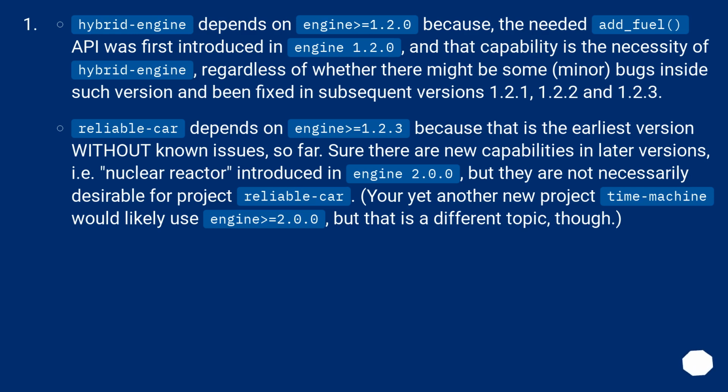Reliable car depends on engine>=1.2.3 because that is the earliest version without known issues so far. Sure, there are new capabilities in later versions, i.e. nuclear reactor introduced in engine 2.0.0, but they are not necessarily desirable for project reliable car. Your yet another new project time machine would likely use engine>=2.0.0, but that is a different topic, though.